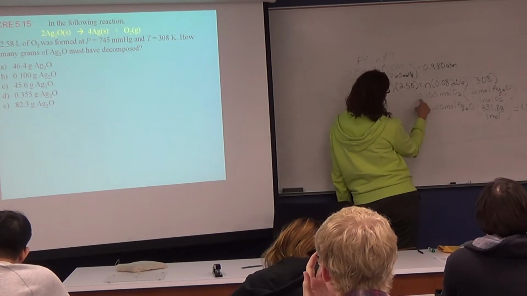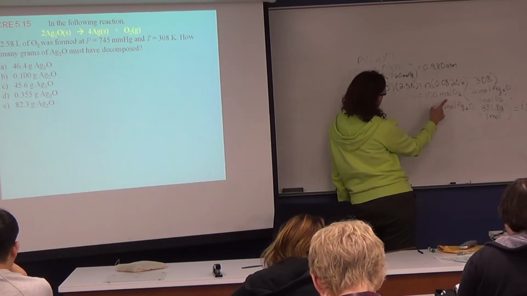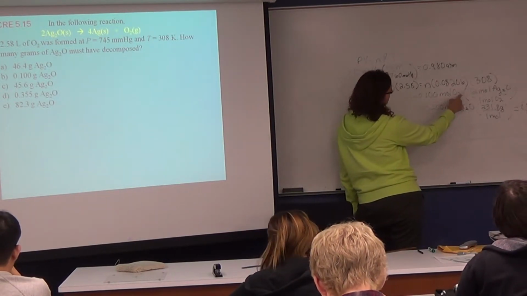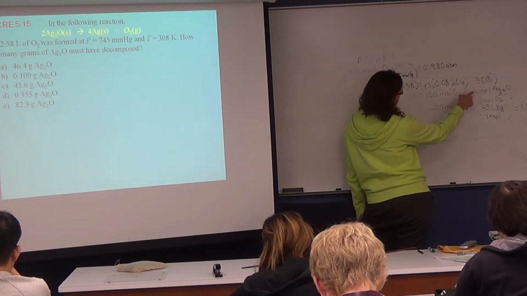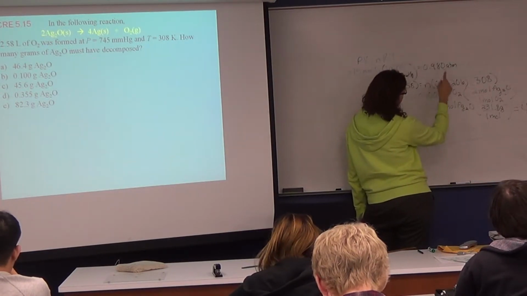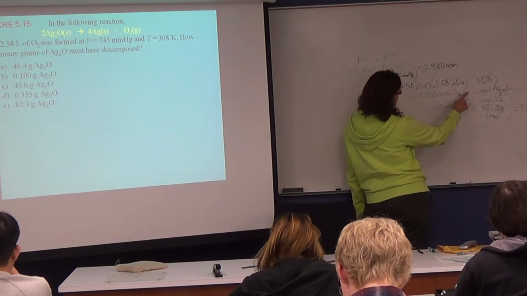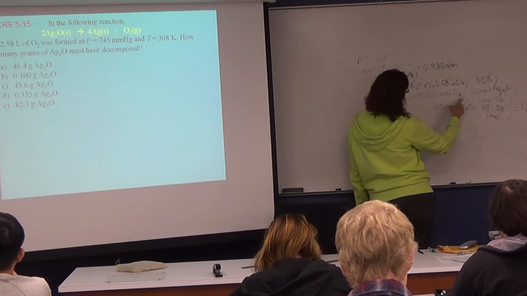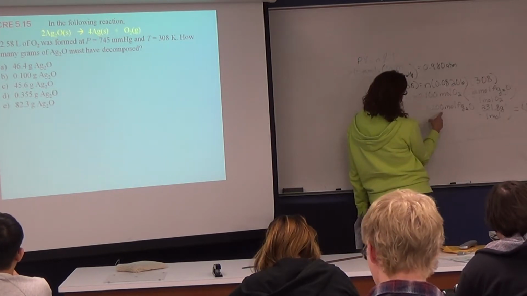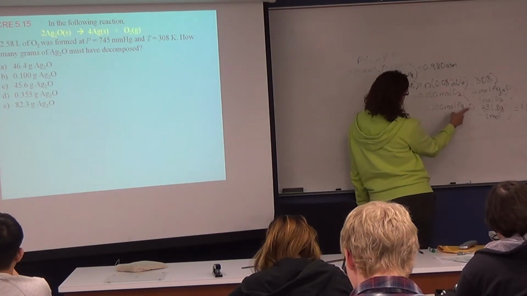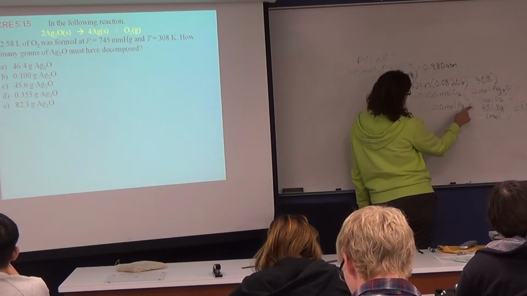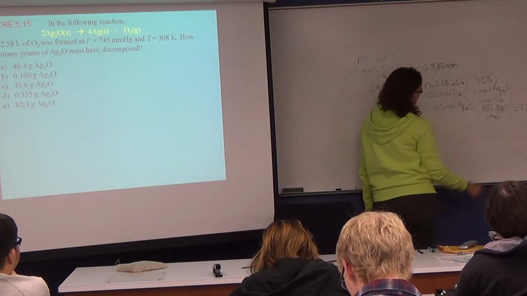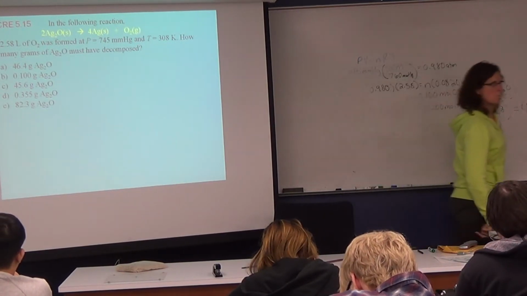So you solve for n and get 0.1 moles of O2, and then you use the mole ratio from the equation given. So you want to find Ag2O, so you have 2 moles of that over 1 mole of the oxygen, and then you get 0.2 moles of the Ag2O, and then you use the molar mass of Ag2O to get grams. Any questions?